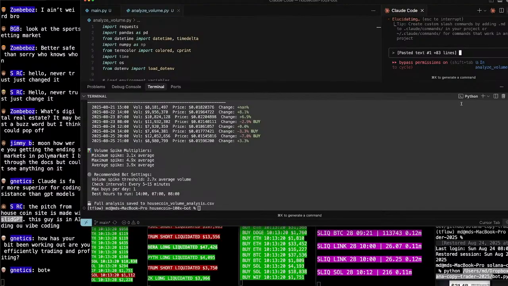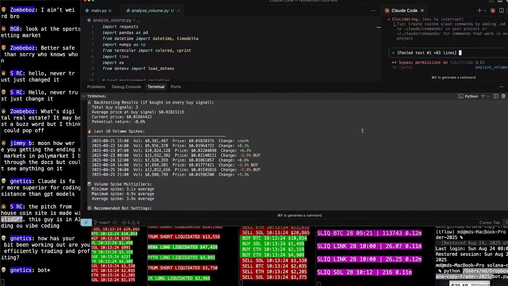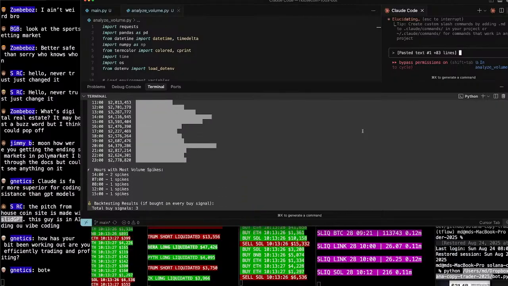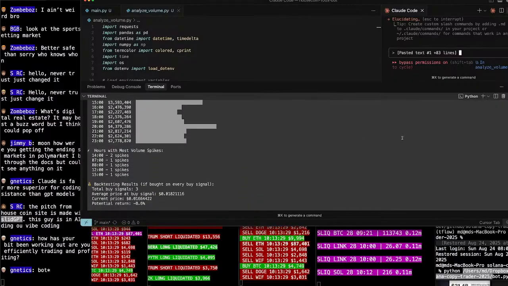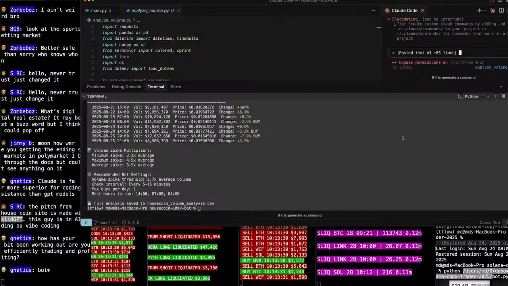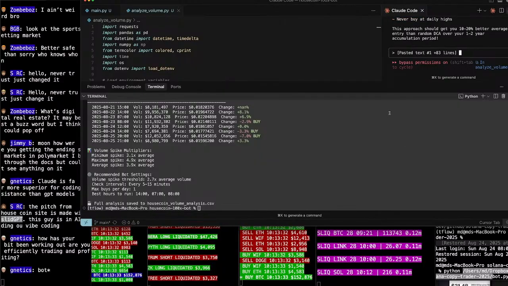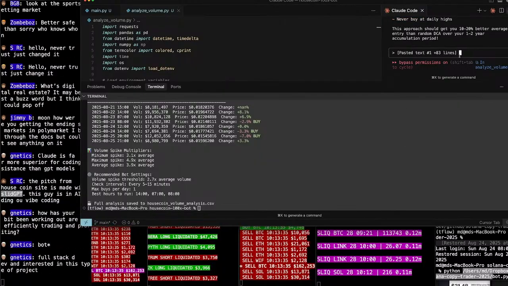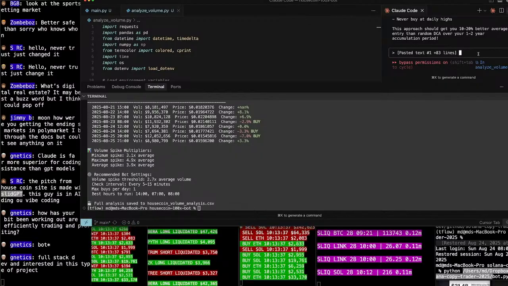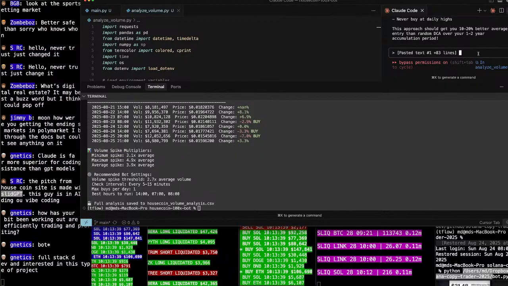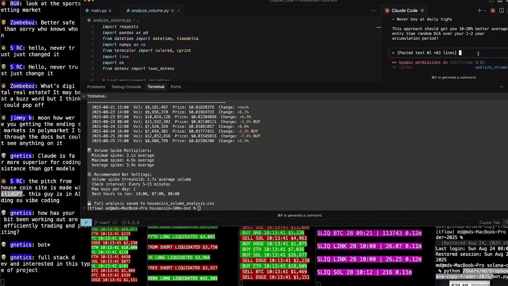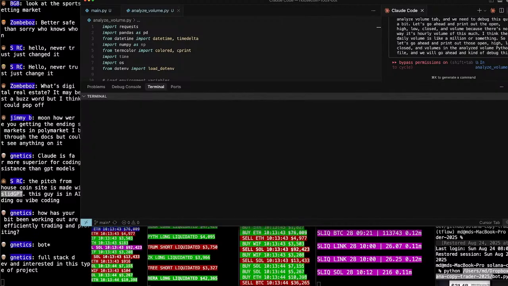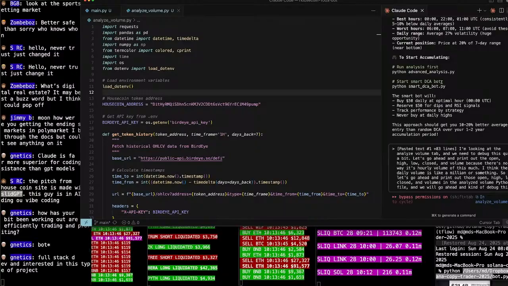So let's go ahead and print out the open, high, low, close volume, because there's no way it's hourly volume of this much. I think the daily volume's like 1 million or something. So let's go ahead and print out those open, high, low, close volumes in the Analyze Volume Python file, and we will go ahead and kind of debug this.